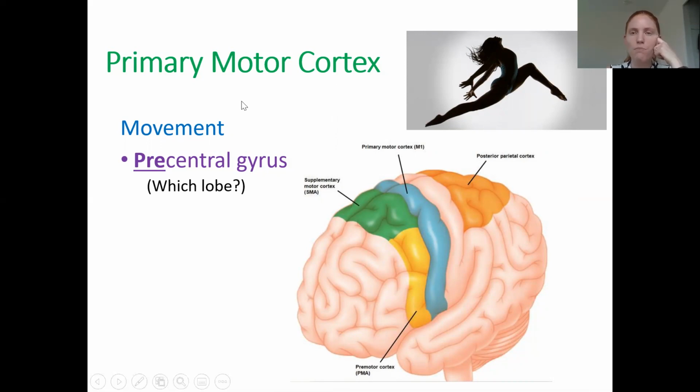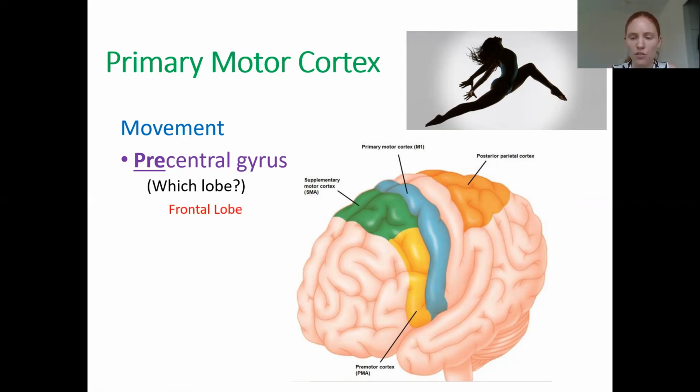Remember, motor means, for example, we talked about motor neurons. Motor neurons take information away from the central nervous system and they cause other cells to do things. And remembering that the cortex is involved in voluntary thought, what the primary motor cortex does is it initiates movement of voluntary skeletal muscles.